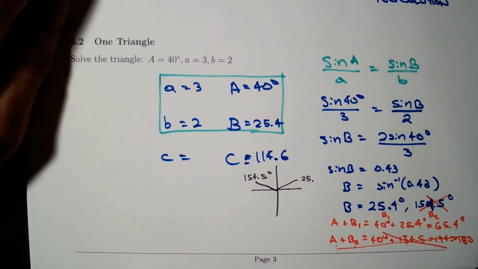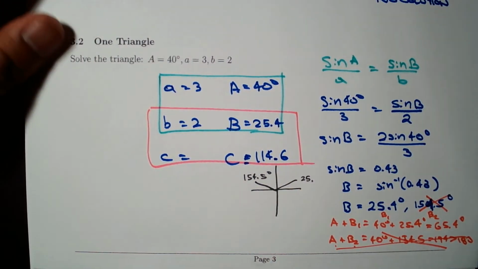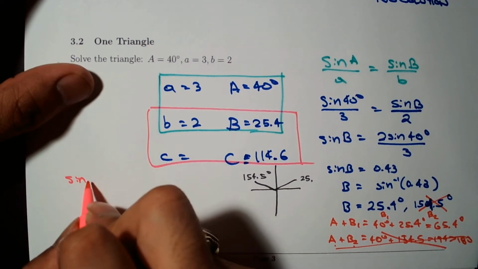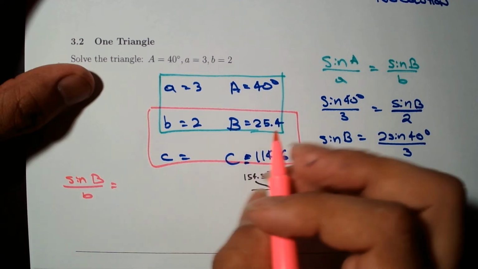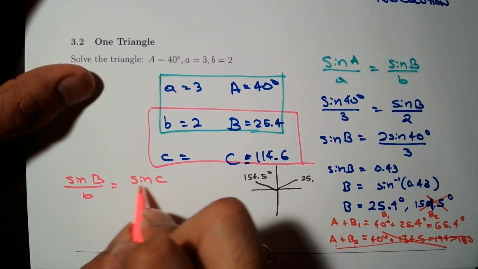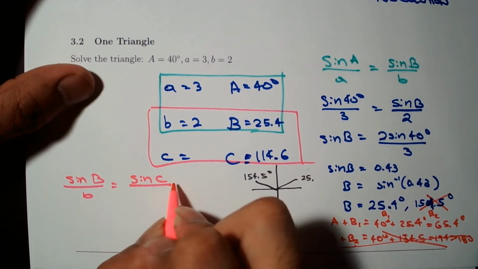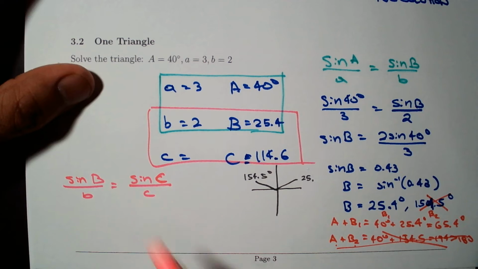So now we can use the law of sines again to find the missing side, which in this case is sine B over side B equals sine of angle C divided by side C, which is to be determined.